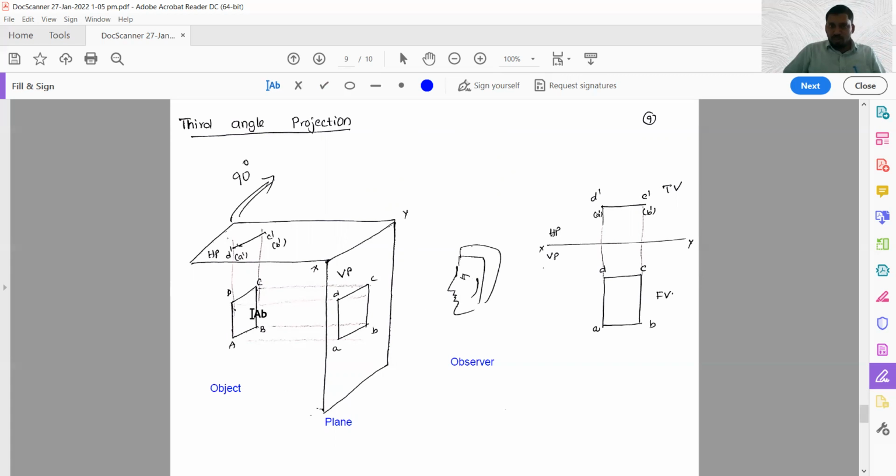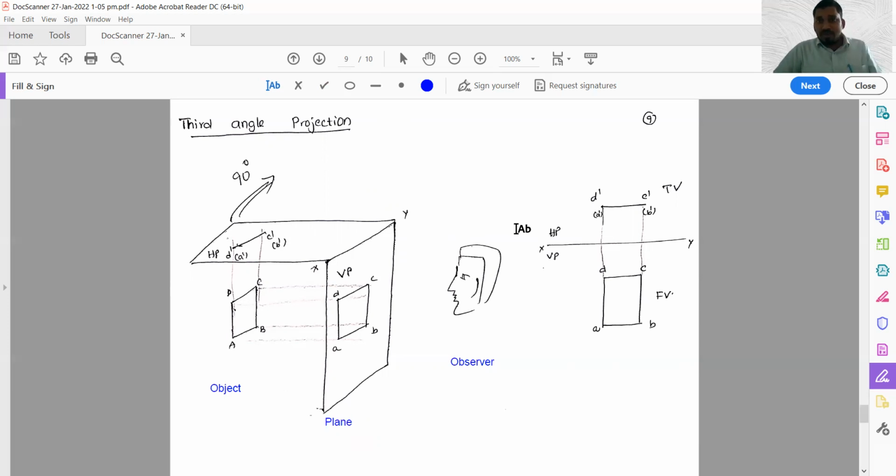The observer is going to see the object. The shadow of the object on the respective planes comes like this. This is ABCD on the vertical plane, and CD is a straight line on the horizontal plane. If you want to see the horizontal plane view, you have to rotate 90 degrees clockwise. So finally, when you rotate, above the reference line we have the horizontal plane, which is completely reversed from first angle.